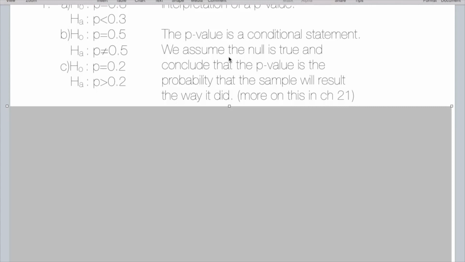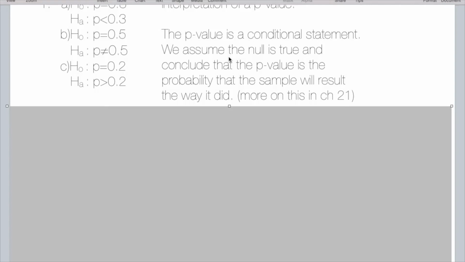And so I guess the easy way to look at number 3 was the fact that they talked about a probability, and the p-value is definitely a probability, but they never talked about if the null was true. In this case, the null was that there's no change in public opinion.